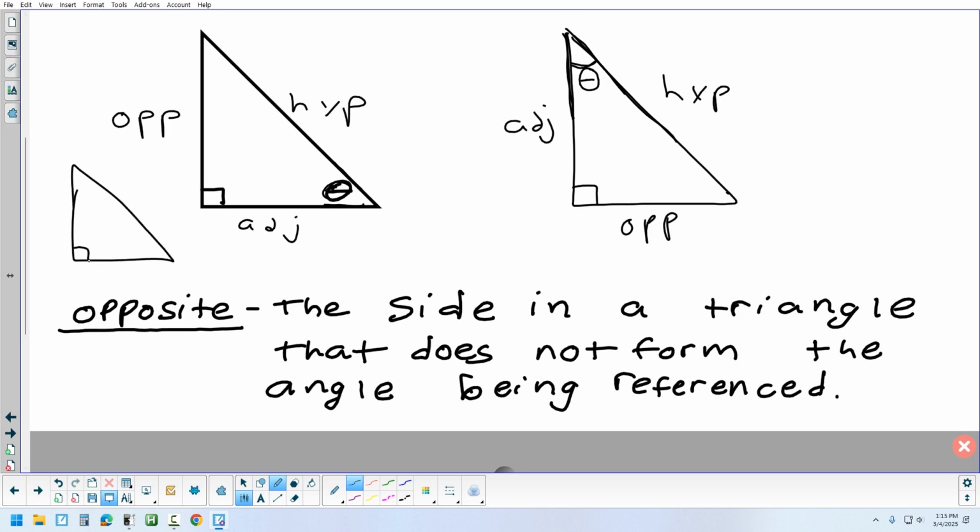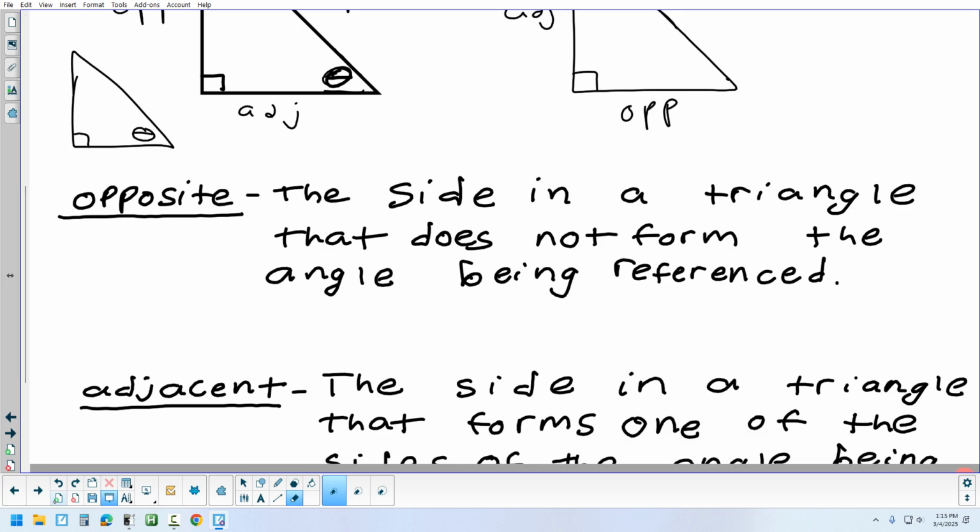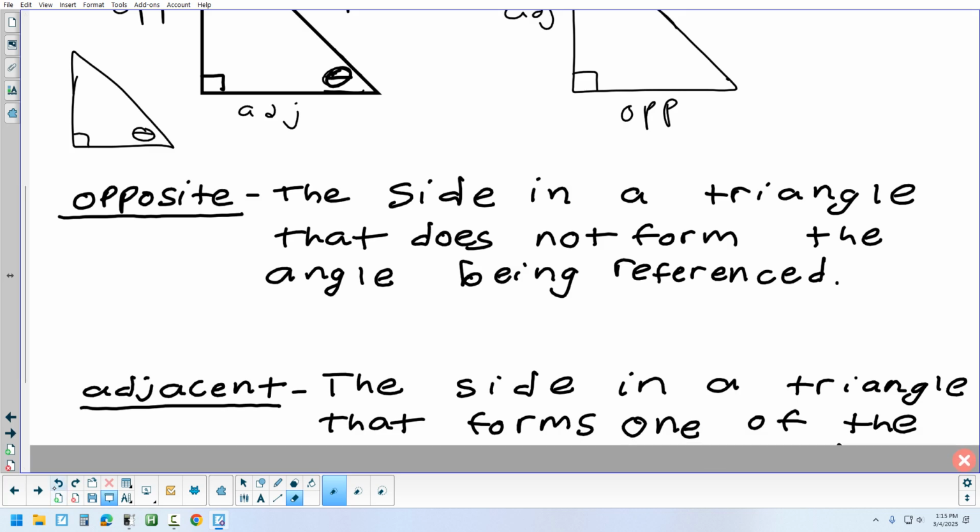If you erase the opposite side, you would still have an angle right there. No problem, that side had nothing to do with that angle. For adjacent, if you erase the side that's adjacent, you don't have an angle anymore. The bottom of your angle is gone.